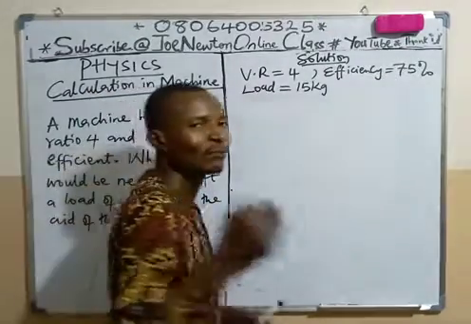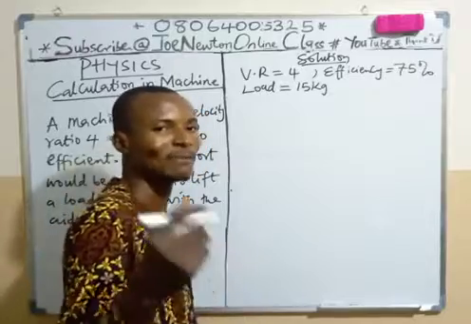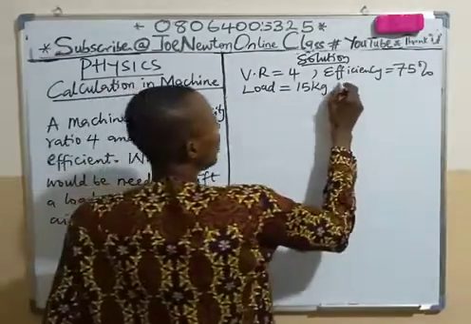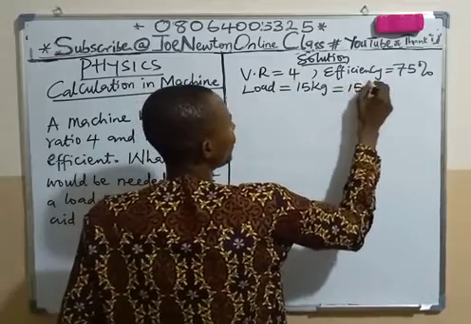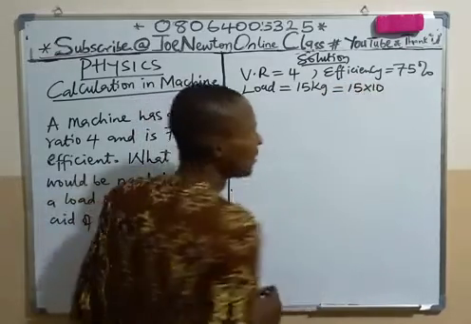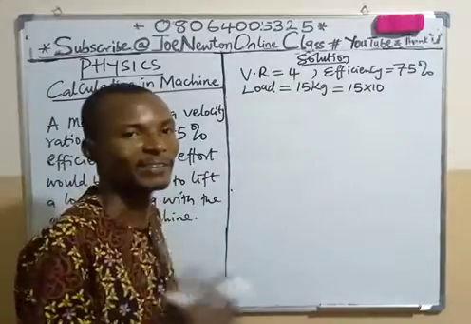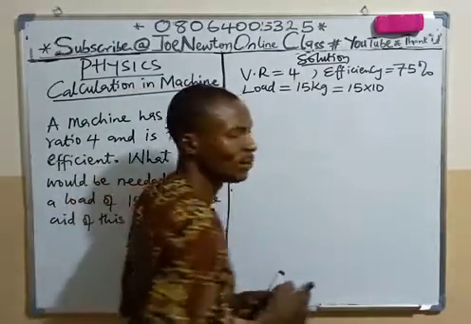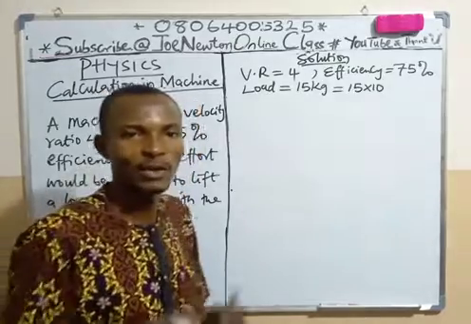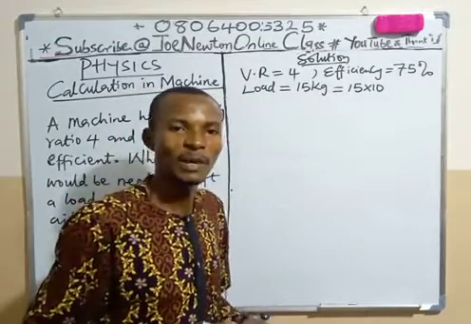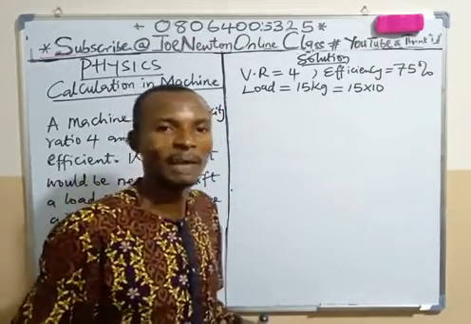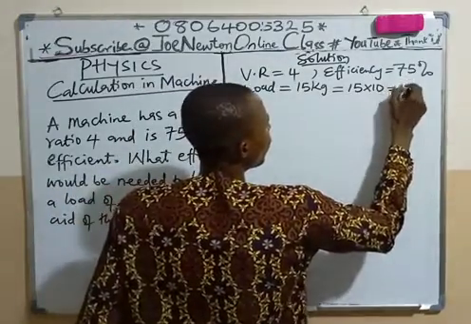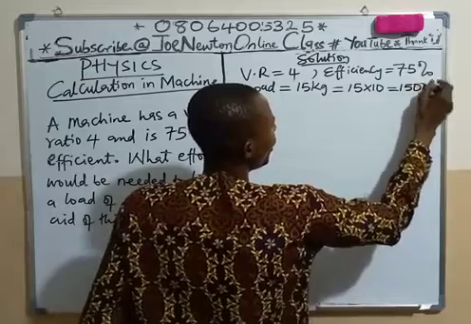Converting this mass to Newton, that is the weight of that load, it will be equal to 15 times 10, which is mass times acceleration due to gravity. The value of acceleration due to gravity is a constant, approximately 10 meters per second square. That's where we get this 10, which equals 150 Newton.